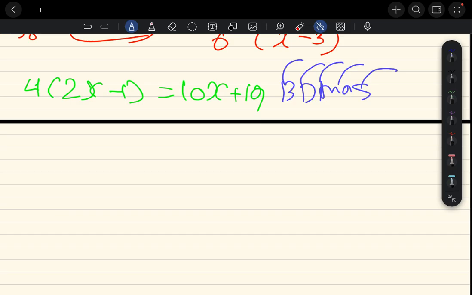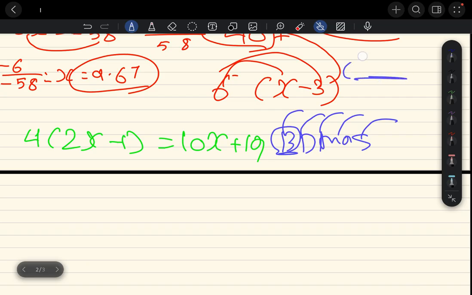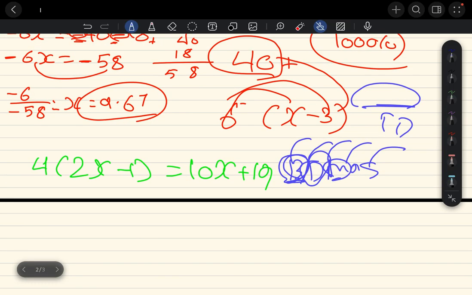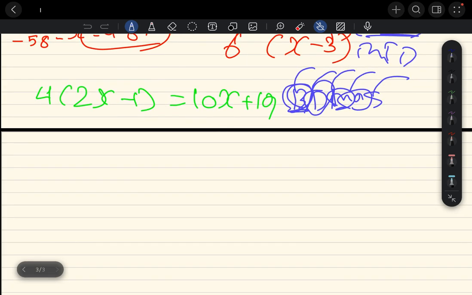What does that mean? When we have a bracket, we should start with the bracket. If we have division, we should start with division. If we have multiplication, we should start with multiplication. If we have addition, we should start and so on. Here we have brackets, so we should always start with brackets.